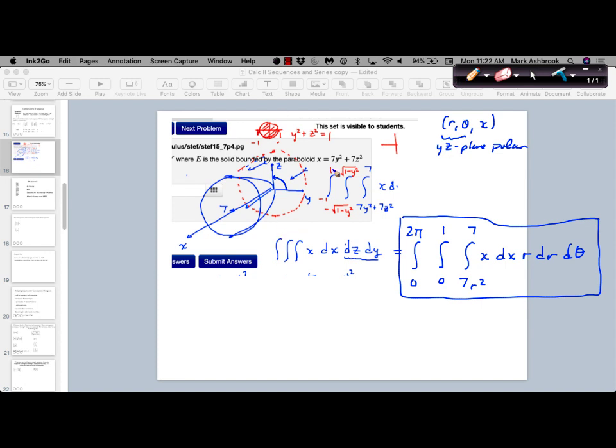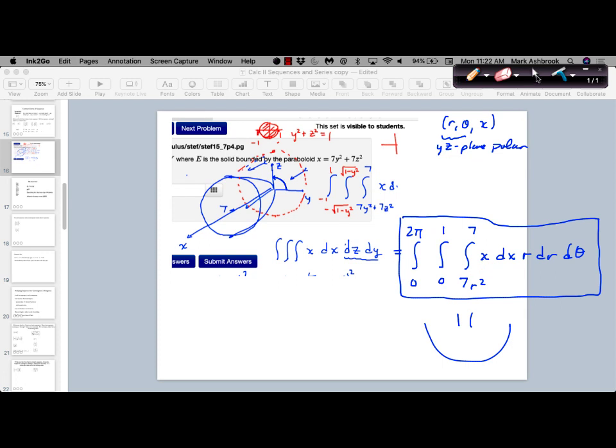If you do otherwise, you're going to get sign errors, because the angle is defined as counterclockwise from the horizontal axis. So you want to make sure y is r cosine theta and z is r sine theta. Other questions?